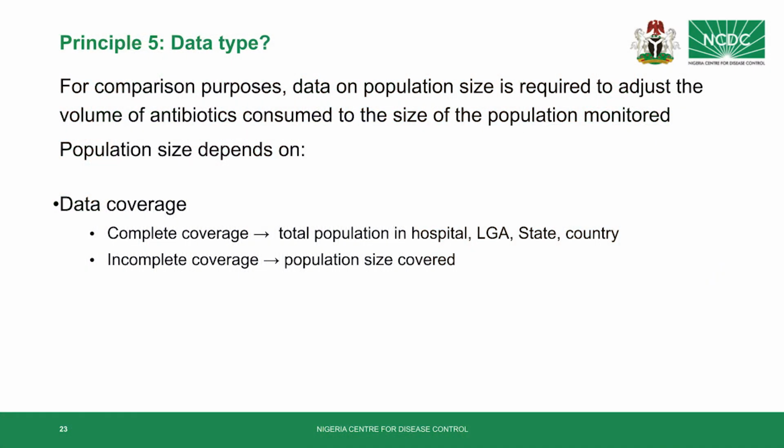For comparison purposes, data on population size is required to adjust volume of antibiotic consumed to the size of population monitored. Population size would depend on data coverage, and data coverage is split into two: complete coverage and incomplete coverage. Complete coverage refers to total population in, say, hospital or local government or state, whereas incomplete coverage refers to population size covered, say, in a ward.